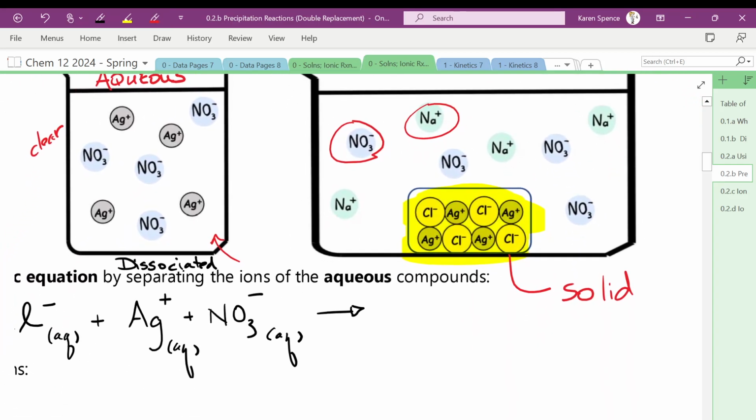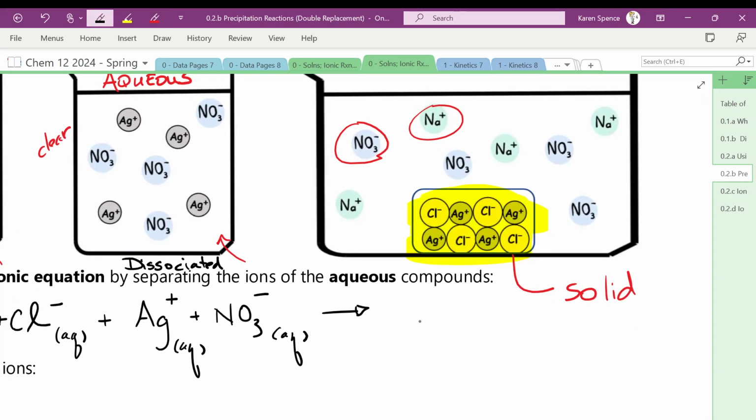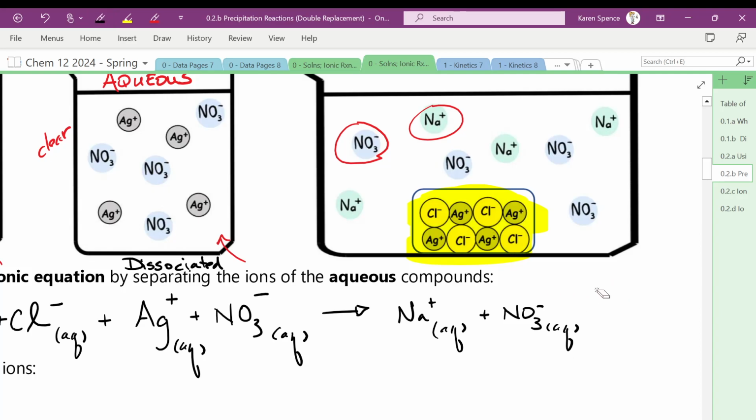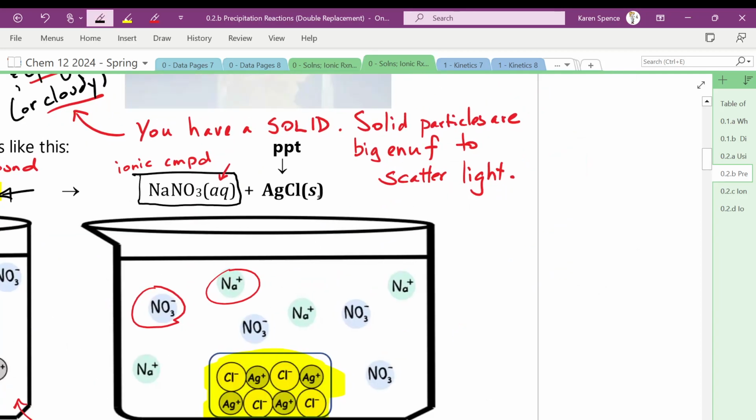Yeah? So we are going to write them separately from one another. So we have Na plus aqueous and NO3 minus aqueous. I'm going to get rid of this because it's just in my way.